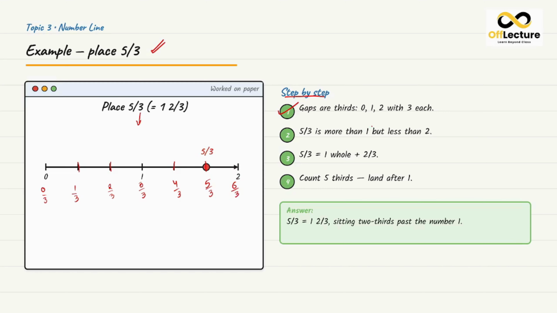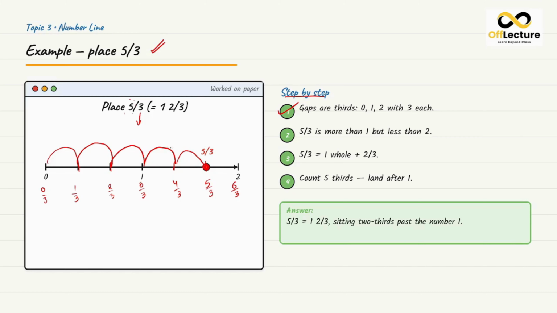So 5 by 3 is more than 1 but less than 2. We will count the number of places we want to jump. We have to jump 5 times: 1, 2, 3, 4, and 5. So this is the position where we will land.